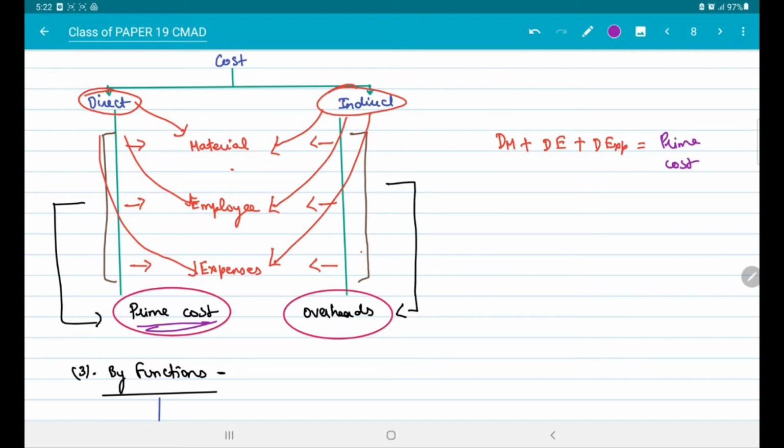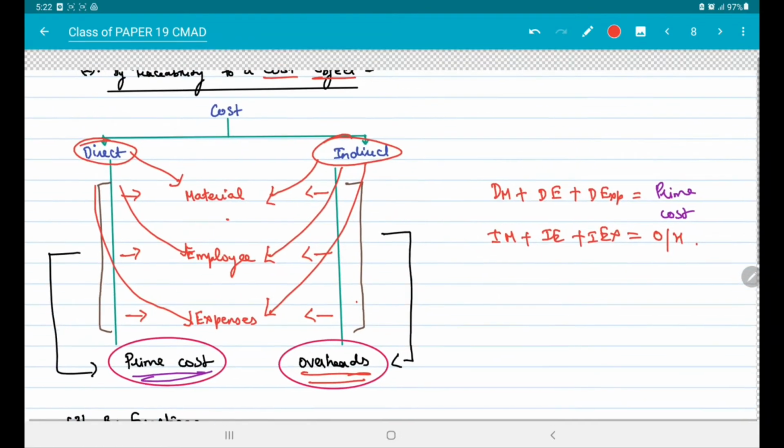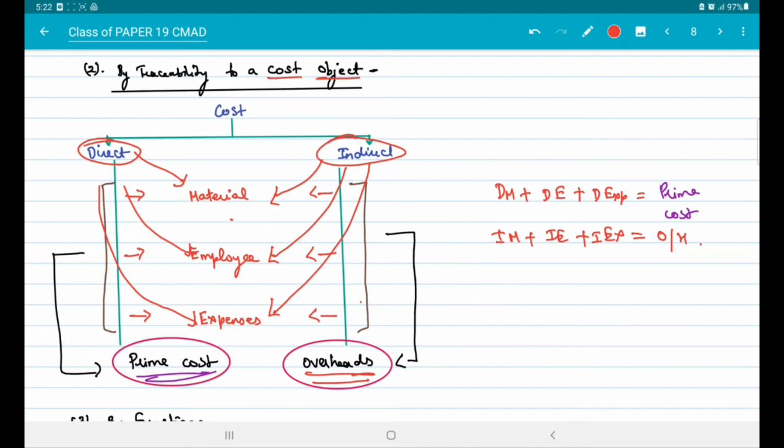Same way, for indirect cost, indirect material plus indirect employee plus indirect expenses is overheads. So a 1 mark question they will test: classify cost on basis of traceability to cost object with example.